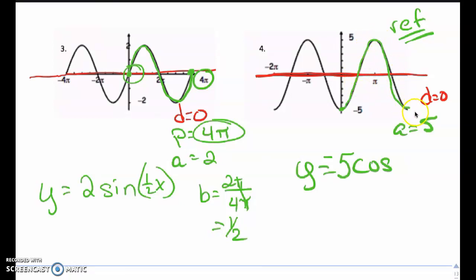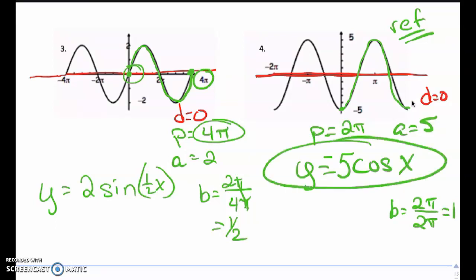So therefore over here this must be 2 pi. So therefore my period must be 2 pi. So to find B, I'm going to do 2 pi divided by my period, which is 2 pi. So that means B must be 1, so it's just -5 cosine of x.